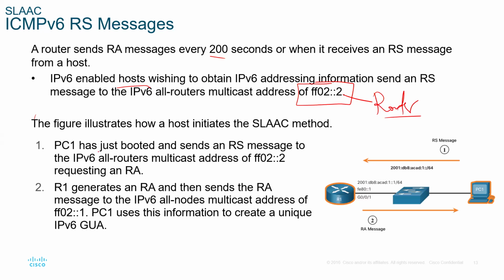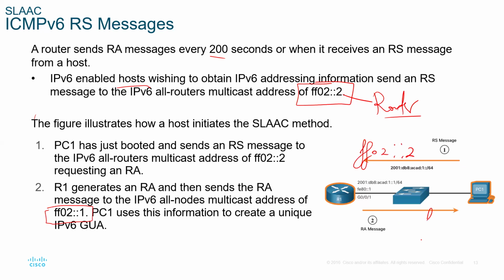So if PC1 has just booted and sends an RS message to all routers, R1 generates an RA and then sends it back to the all node multicast address. I think we've discussed this already. So this one sends an RS message, and this RS message is addressed to this group.